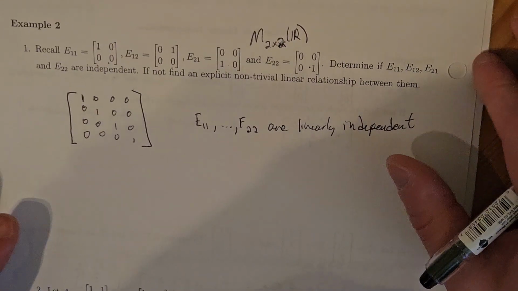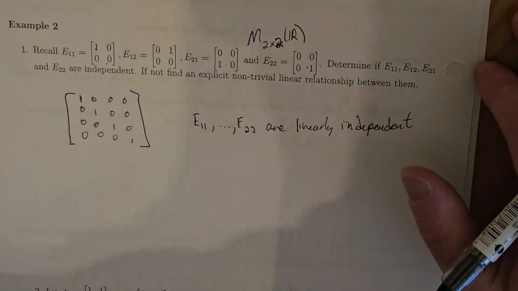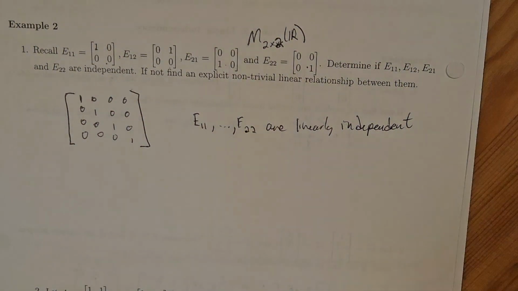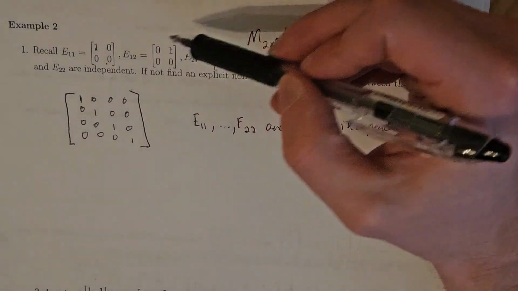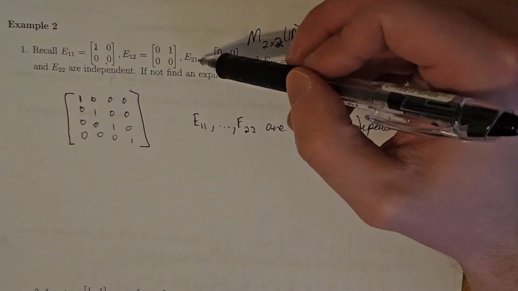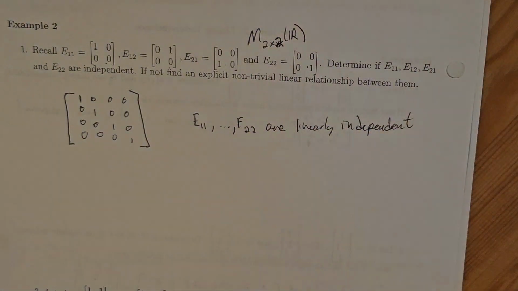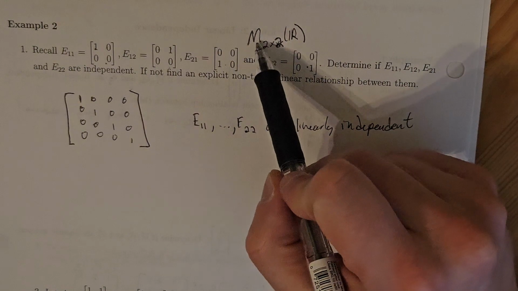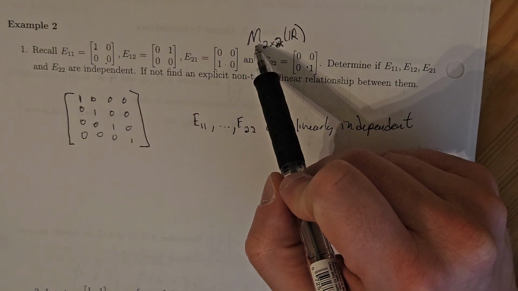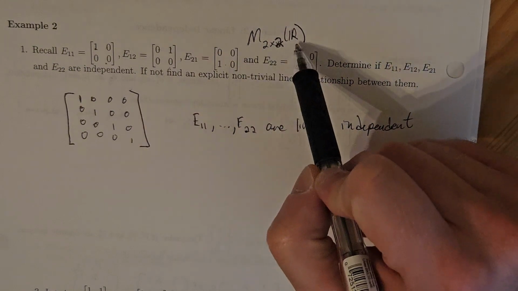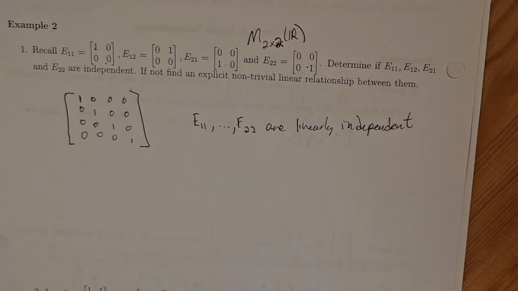All right, example 2. Let's let our vectors be the matrices E11, which is 1, 0, 0, 0, E12, which is 0, 1, 0, 0, E21, similarly defined, and E22, similarly defined. These are all vectors in the vector space, the set of 2 by 2 matrices with real number entries.